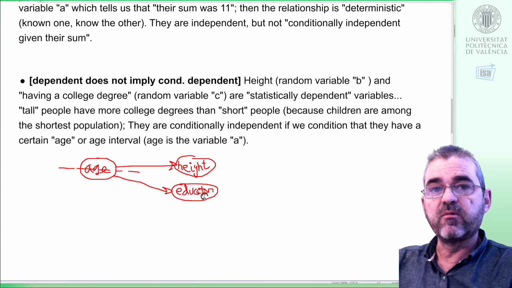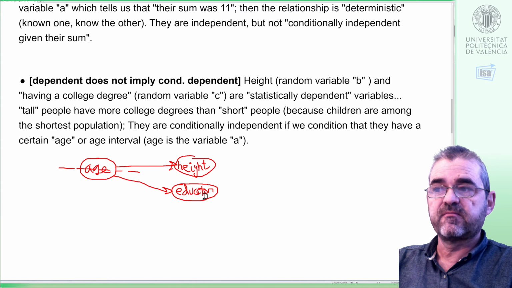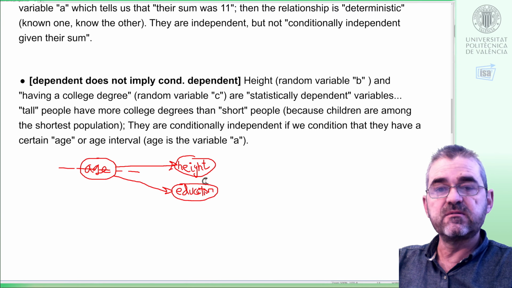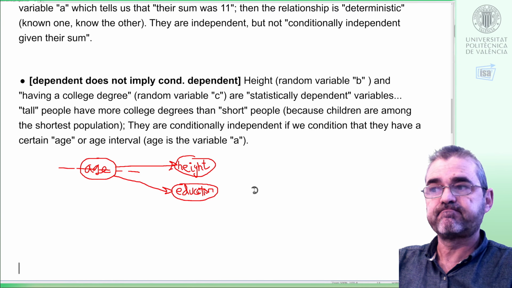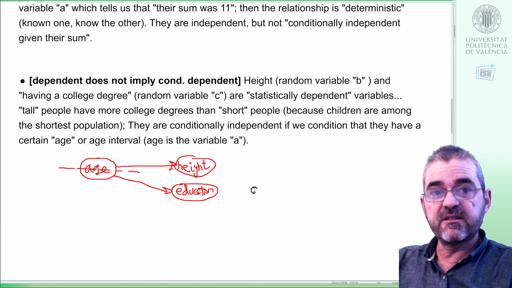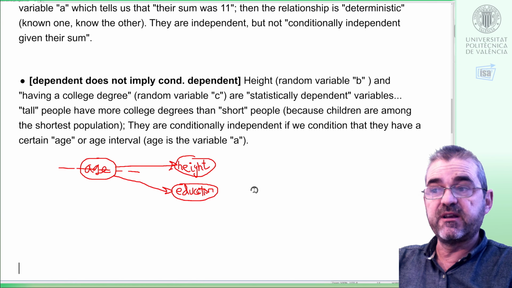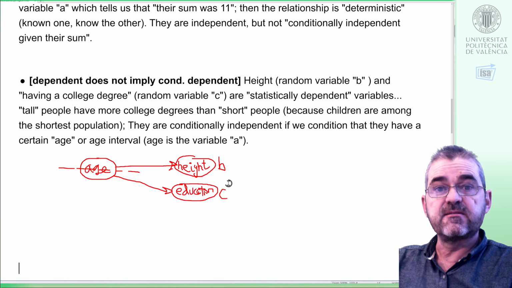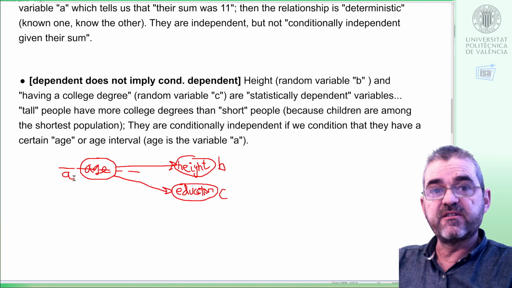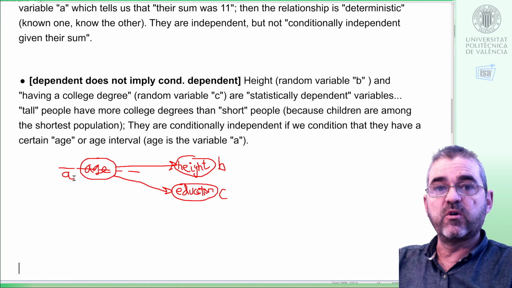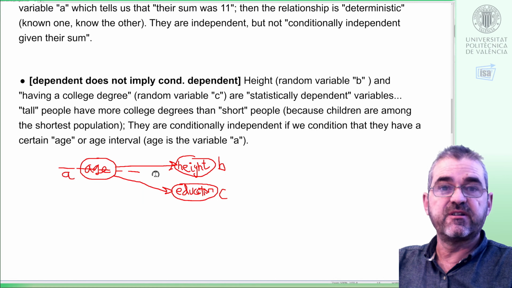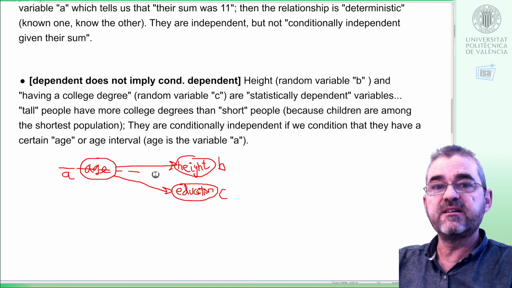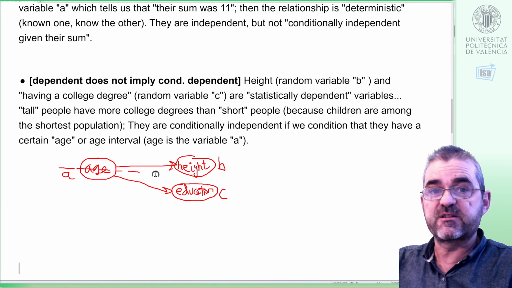If I randomly sample people of a certain age, then I see no remaining correlation. So again, conditional independence allowed me to explain the statistical relationship between B and C via an intermediate variable A, so that knowledge of A allowed me to split the explanation into two conditionally independent sub-explanations.